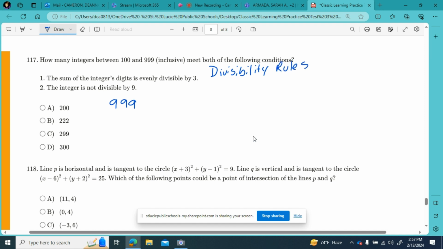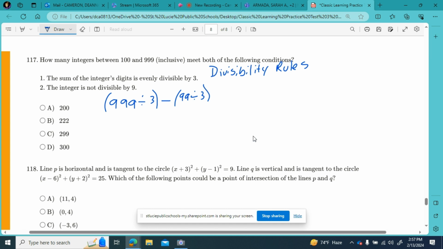Okay, so if we take 999 and divide it by 3, we'll know how many numbers are divisible by 3. And then we have to subtract out the numbers 1 to 99 that are divisible by 3.